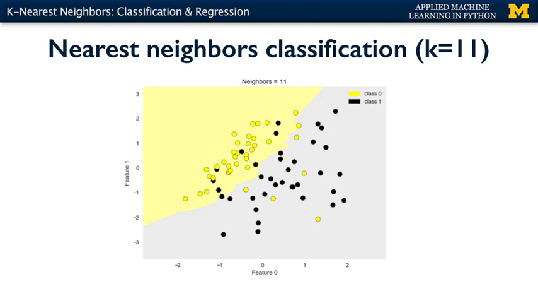Actually, if we increased k even higher to be the total number of points in the training set, the result would be a single decision region where all predictions would be the most frequent class in the training data. And as we saw for the fruit data set, k-nearest neighbors classifiers can be applied to any number of classes, not just 2.